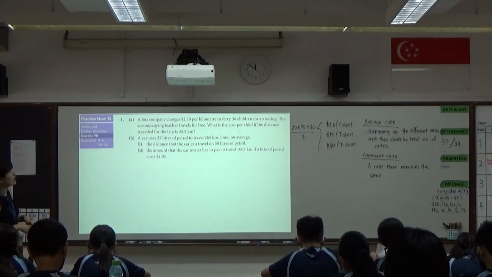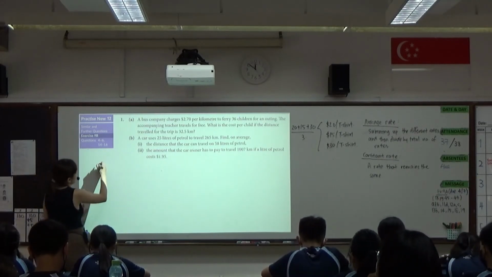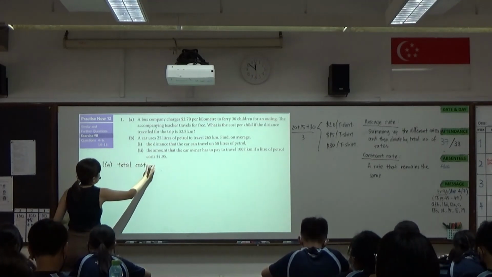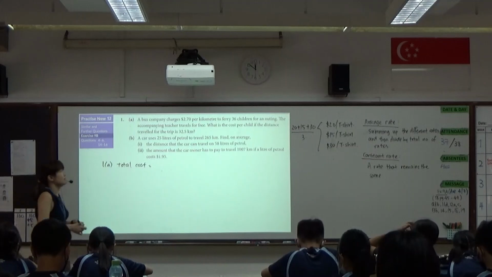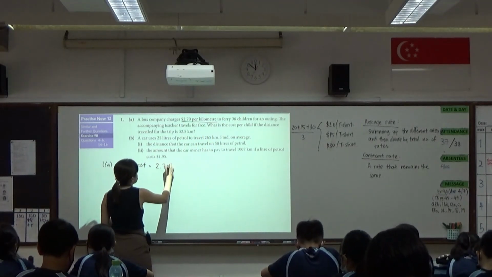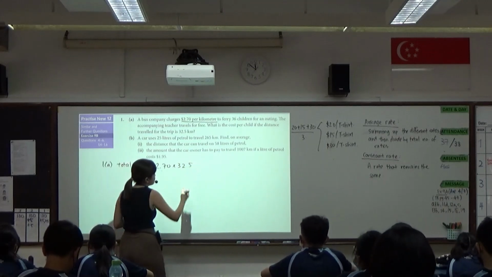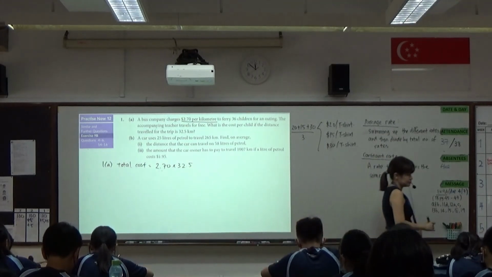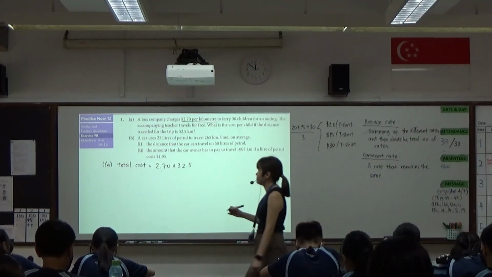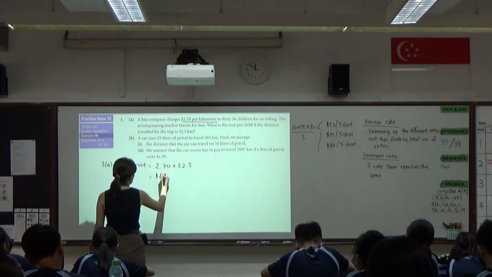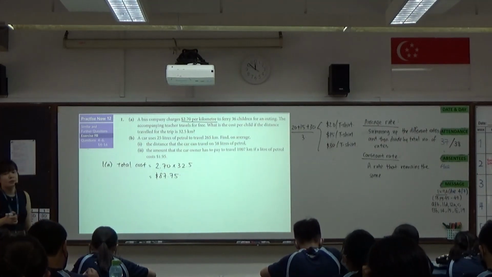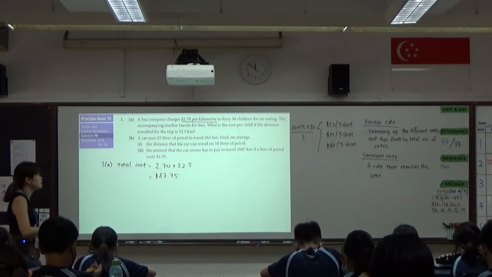So we can find out what is the total cost first. Since we know that it is $2.70 per kilometer, we will take 2.70 times 32.5 to get 87.75. And then find out the cost per child.